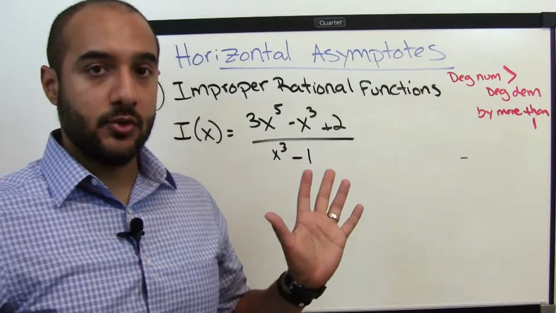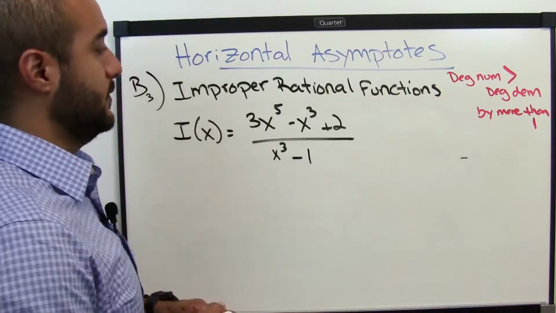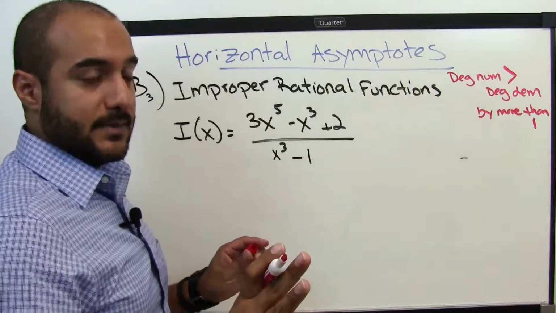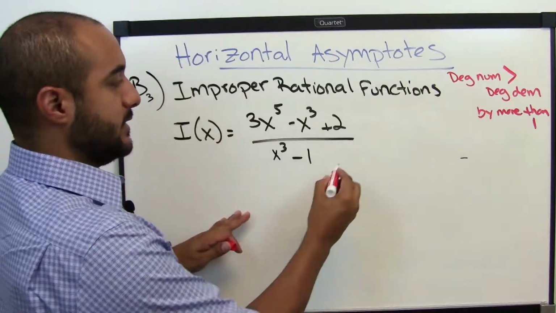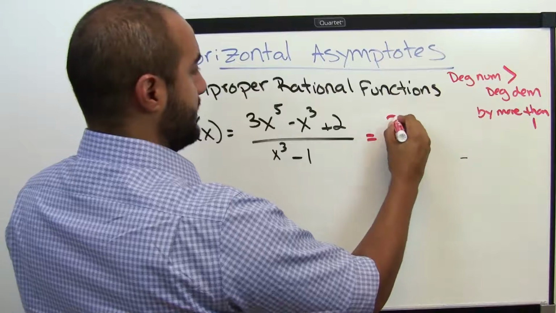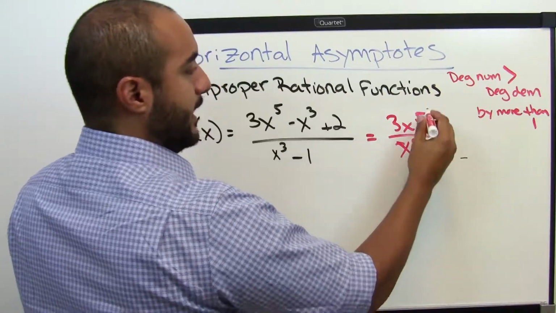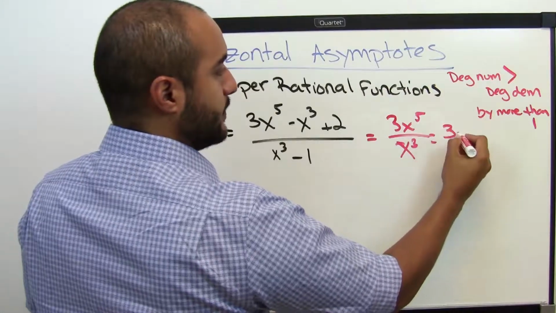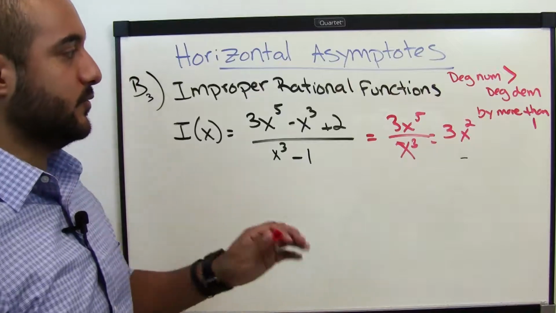And I'll just show you quickly the only reason I know that it approaches a quadratic asymptote. I'm going to take a shortcut, even though I should use long division for this, just so you can see really quick, since we're not really going to work with this one anyways. If I take my leading terms and simplify, I get 3x squared.